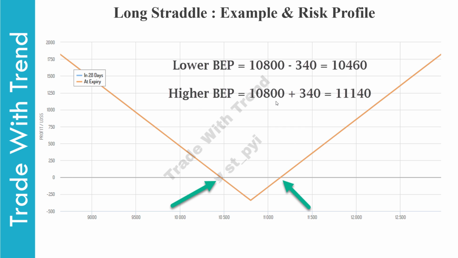Higher break-even point would be 10,800 plus the net premium paid, that is 340, which is 11,140. So what you can make out of this particular chart is that you get to make money if spot price moves below 10,460 or above 11,140.